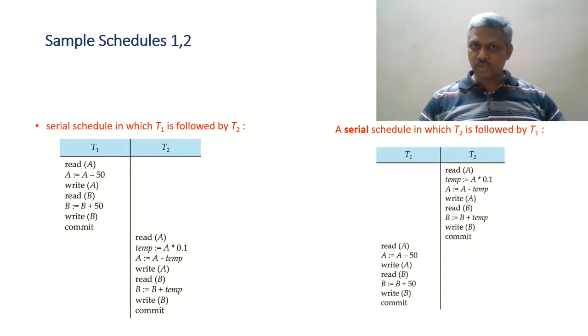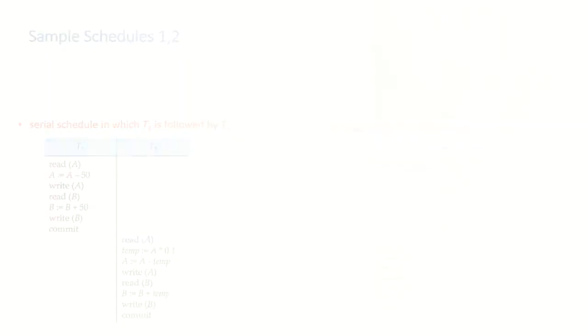After that, T1 starts and transfers 50 rupees from account A to account B. Try out sample numbers to see what the end effect of these transactions is in the two different schedules.